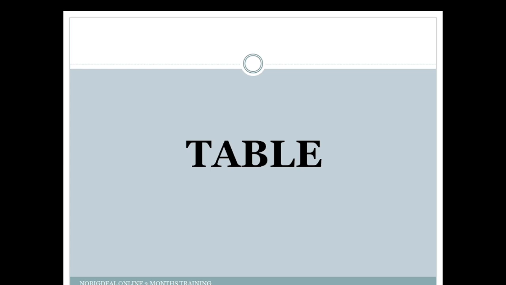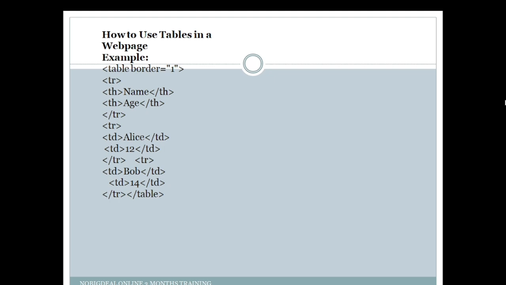So tables organize our information in a well structured manner in rows and columns. I hope you get this brief explanation. So let's see from this simple code how to use a table in a web page.